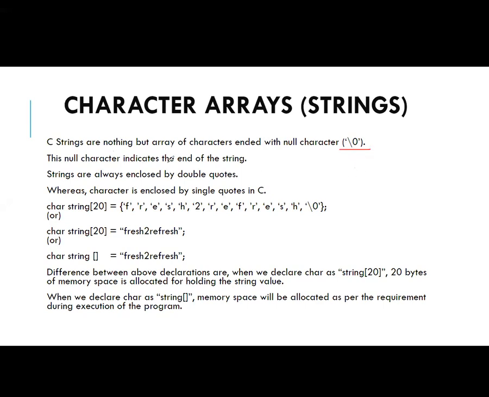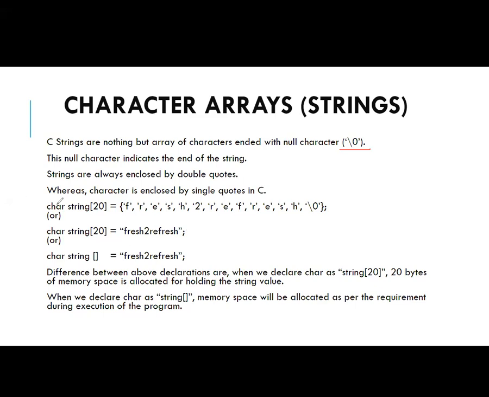The null character indicates the end of string. The string has to be always written in double quotes. Whereas if you are writing a single character, then you need to have single quotes. But if you are writing the entire string, then you need to have double quotes.